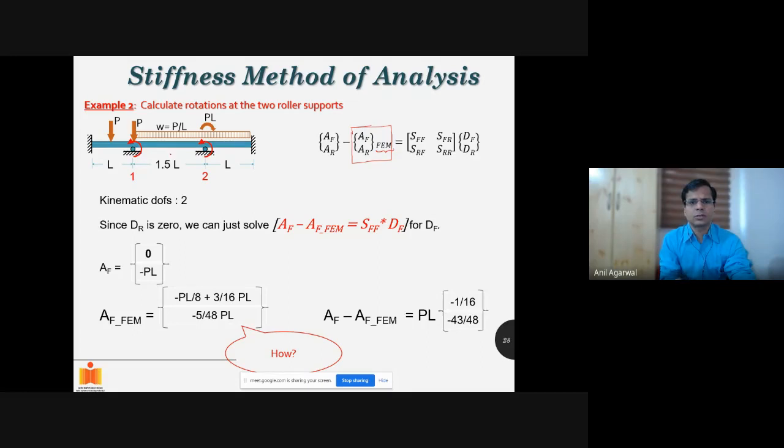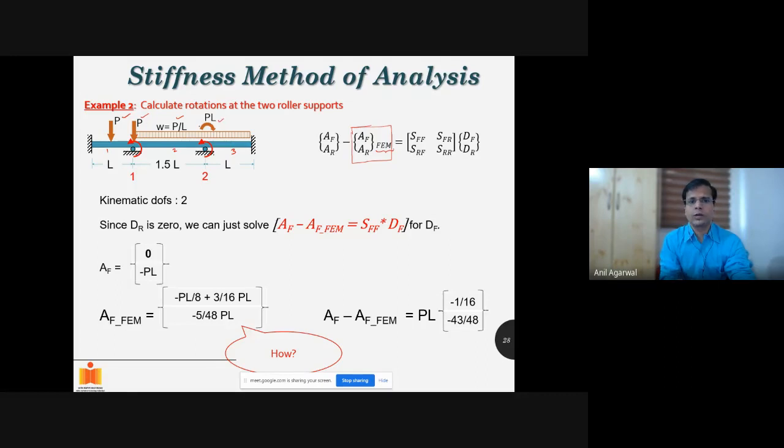So for example, in this structure, there is this force P by L acting along both members. Call them member 1, member 2, member 3, then this P by L is acting along 2 and 3. And then this PL moment, okay?